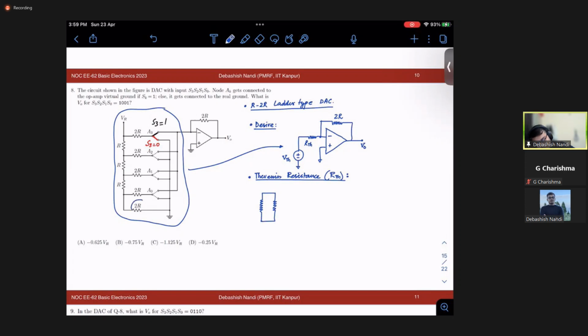I am drawing here these two, then these two, then this R, then this 2R, R, 2R, R, and finally another 2R.